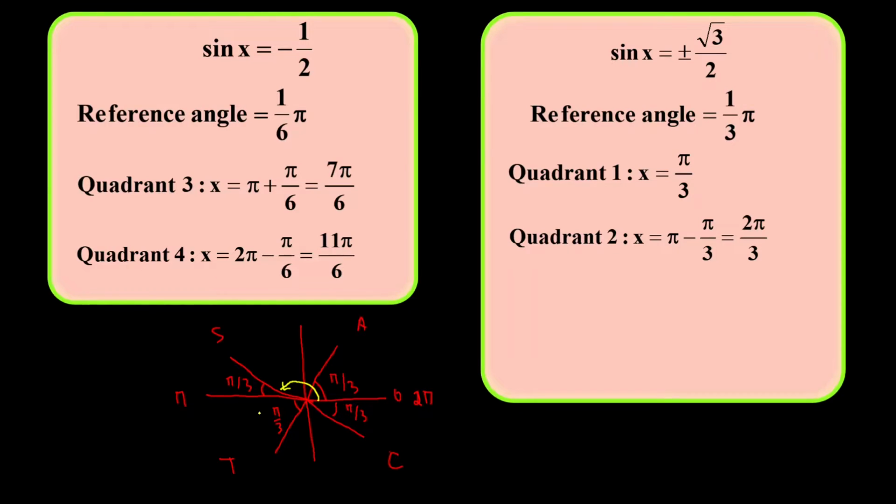The next one will be this part over here. Let me change color again. That will give me from here until over here, so the value of pi plus pi over 3. So pi plus pi over 3 is 4 over 3 pi there.